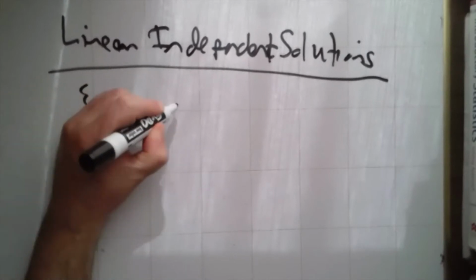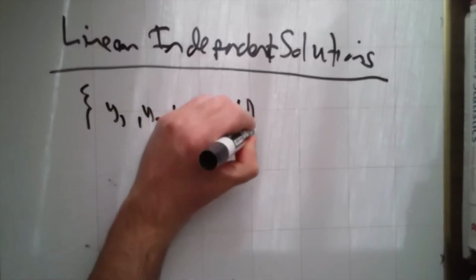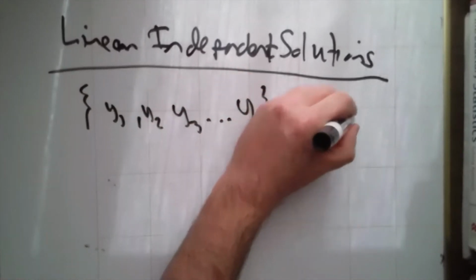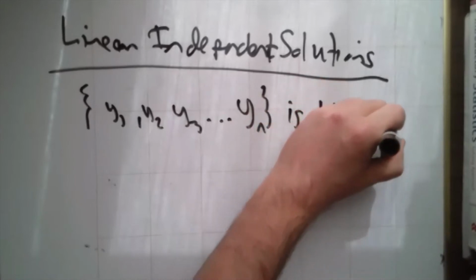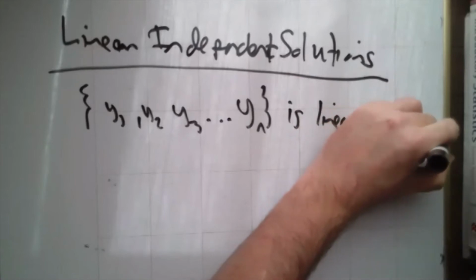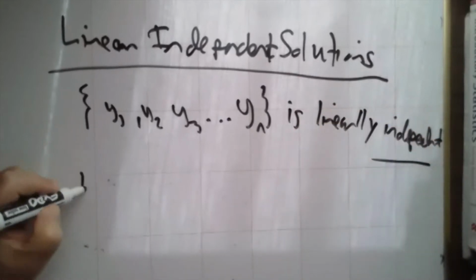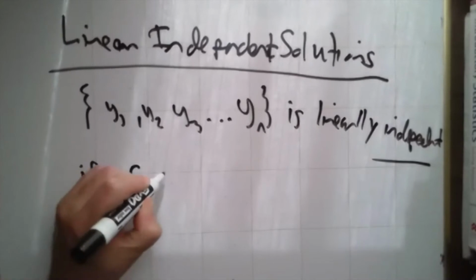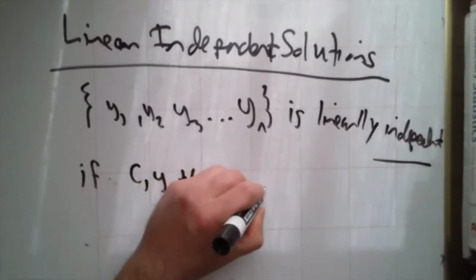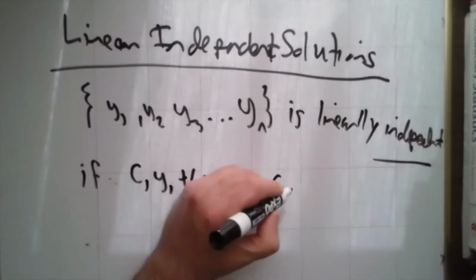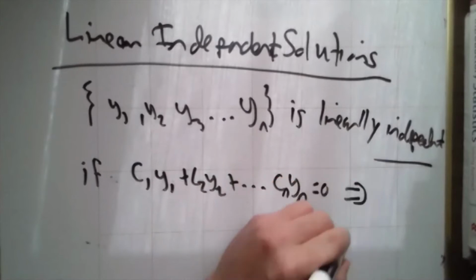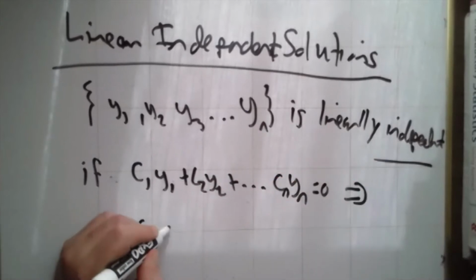y1, y2, y3, up to say yn, is linearly independent if every linear combination c1 y1 plus up to cn yn equals 0 implies all the coefficients must be 0.